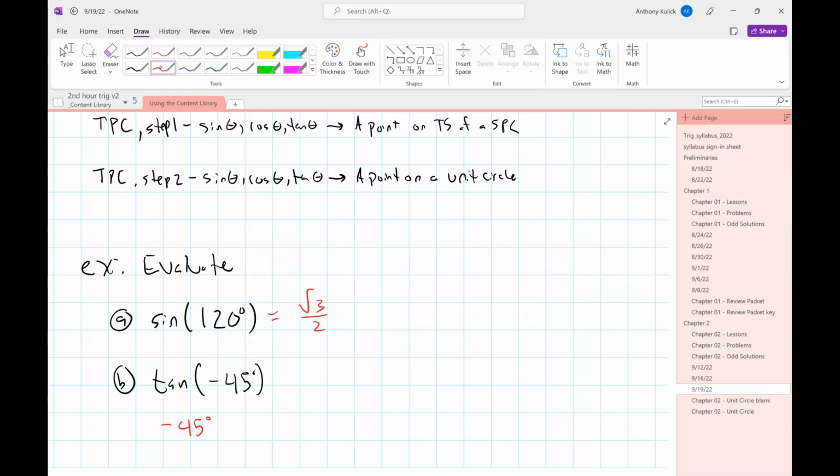So to find a coterminal angle, how do I do that? I add or subtract 360, or if I'm in radians, 2 pi. So if I add 360 to that, that's the same thing as 315. That's a unit circle angle.